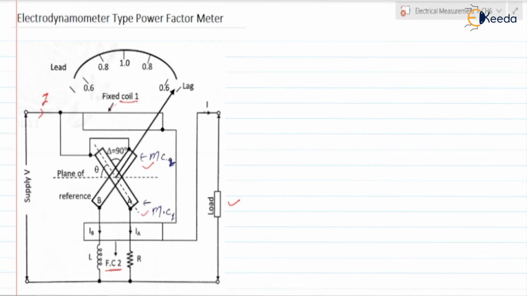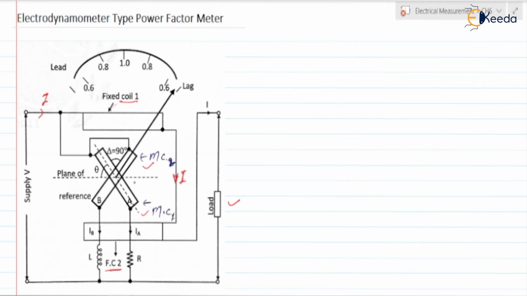The same current flows through the first part of the fixed coil, then through the second part of the fixed coil, and returns to the load. In this way the current flowing through the fixed coil is I.